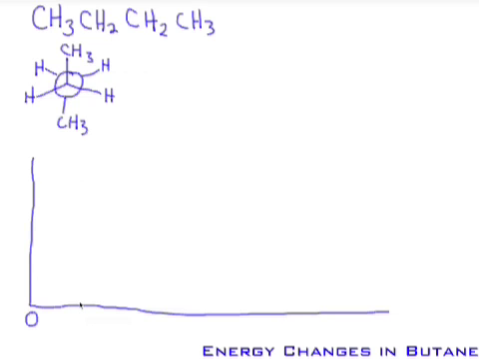And then I'm going to increase this by 60 every time. So here's 60 degrees. Make it about the same distance. Here's 120 degrees. Same distance again, 180 degrees. Same distance, 240.